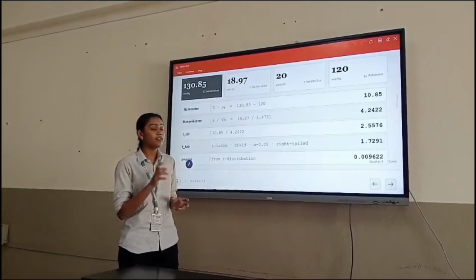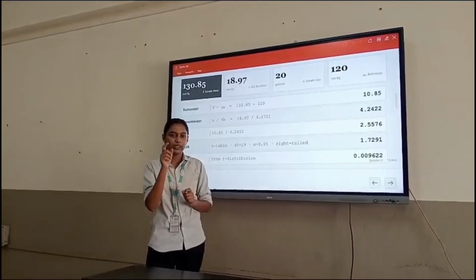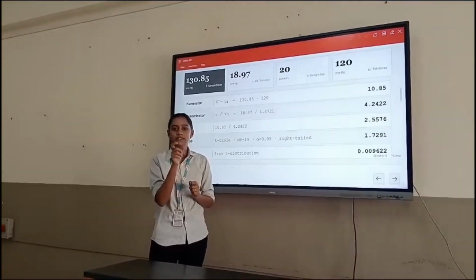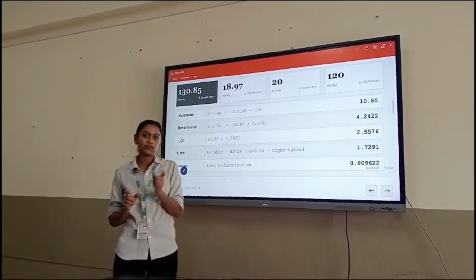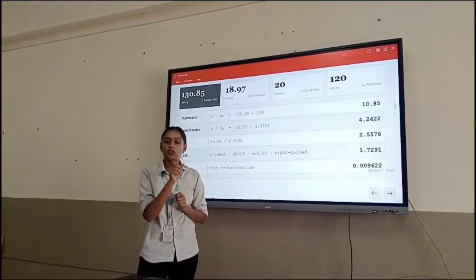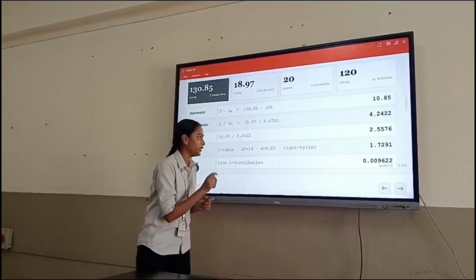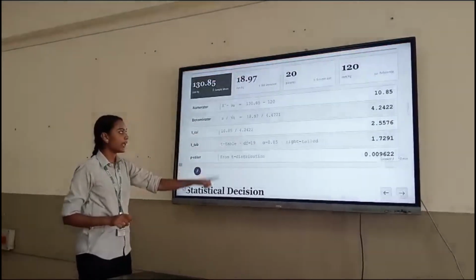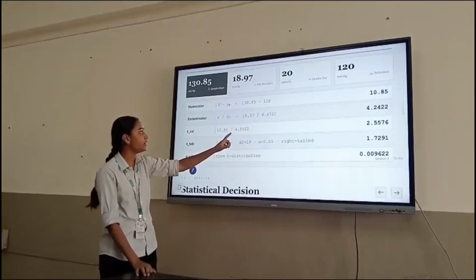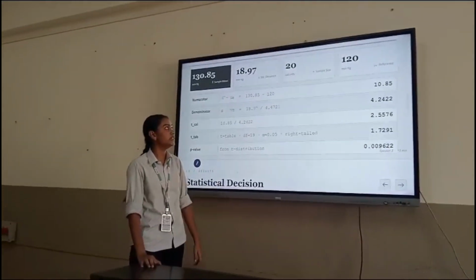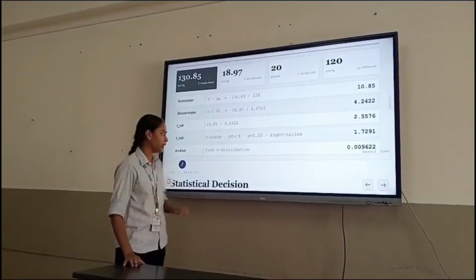In the null hypothesis, we assume the average blood pressure is equal to 120. The alternative hypothesis is that the average blood pressure is greater than the normal blood pressure, which is 120. Then we calculate the sample mean and standard deviation, which is 18.97, using the sample size n of 20, and the reference, the normal blood pressure, was 120.